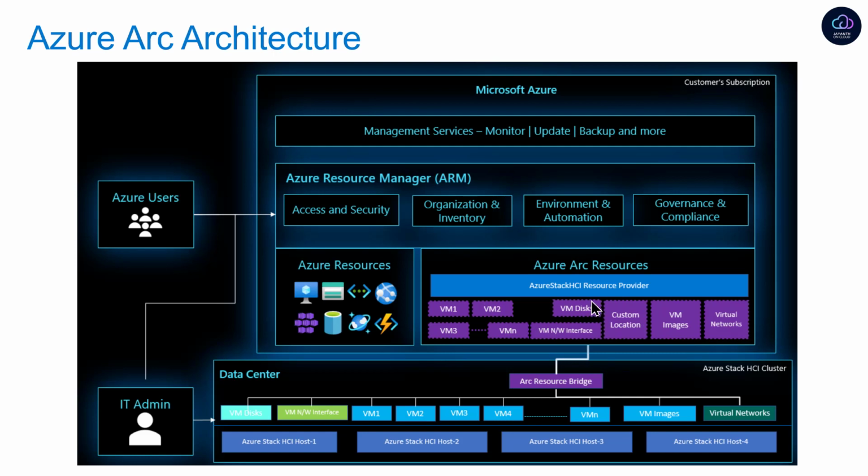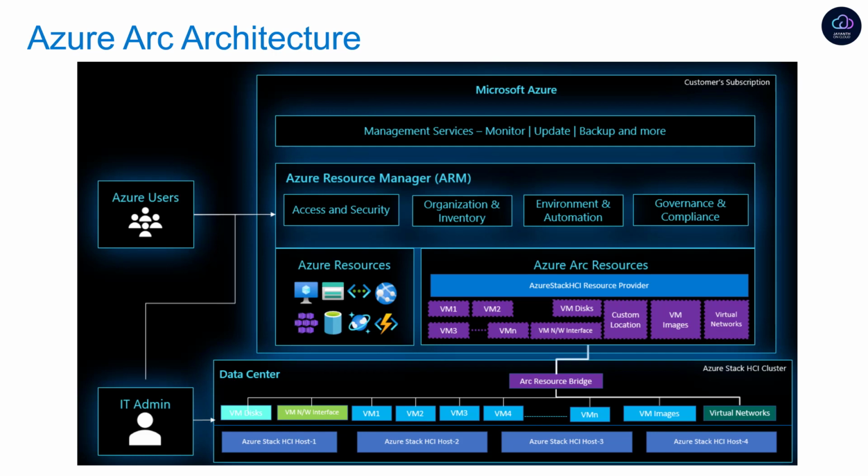Using the Azure Stack HCI resource provider, you should be able to create your virtual machines. You should be able to create your custom location. A custom location is just like the data center region that you have in Azure today, but you can create your own custom region, which points to an Azure Stack HCI cluster that you have deployed on premises.